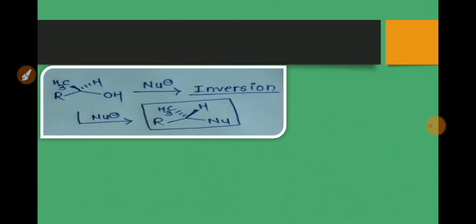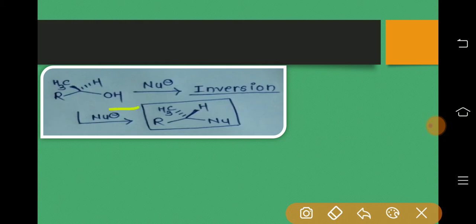Now, in this reaction, we have to remove a hydroxy group. But similar to fluoride, the hydroxy group is also electronegative as well as a bad leaving group.